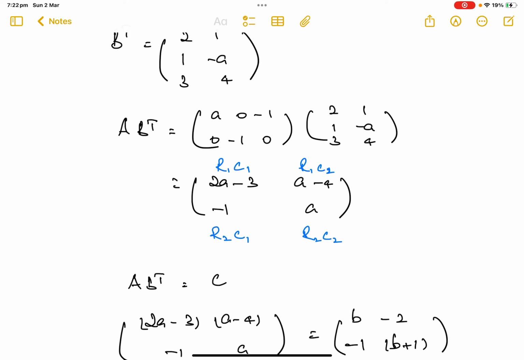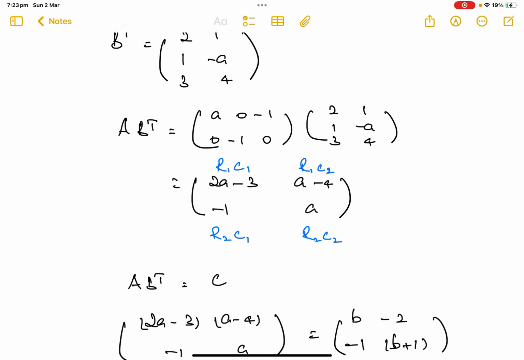Then a times 2 is 2a, 0 times 1 is 0, minus 1 times 3 is minus 3. So 2a minus 3 is the first component, R1C1. And a times 1, 0 times minus a, minus 1 times 4, so a minus 4 is R1C2.